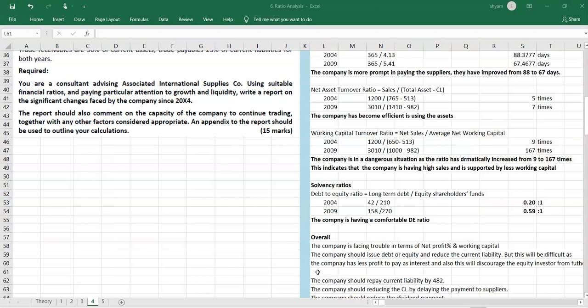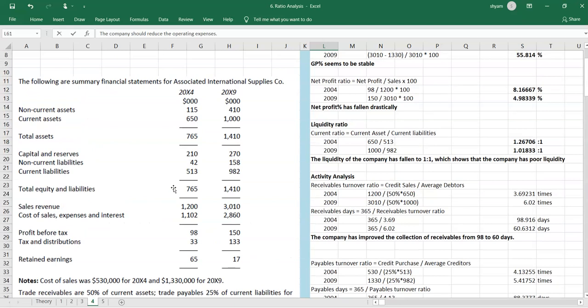The better strategy that we can tell the company is that the company should reduce the expenses, or we can put it as operating expenses. So why have we put this? Because if you see, the gross profit of the company seems to be great.